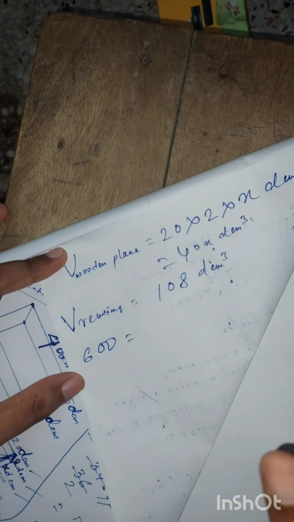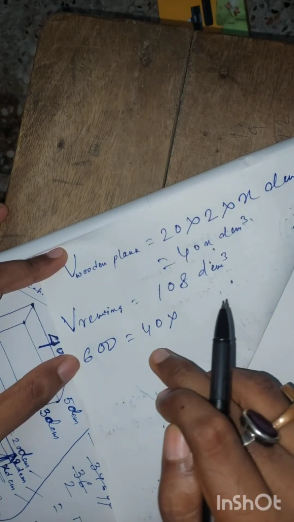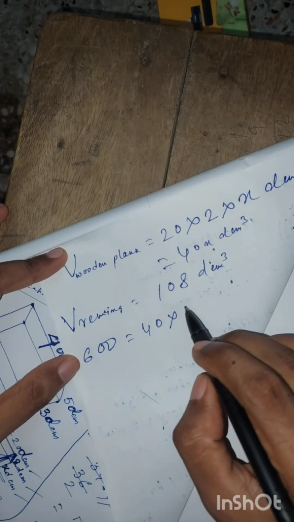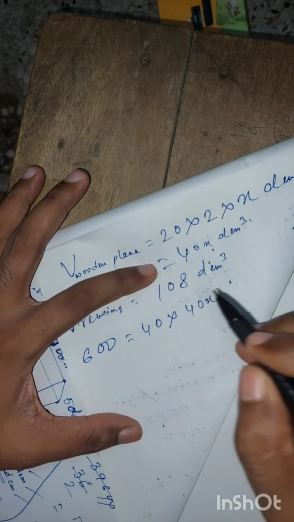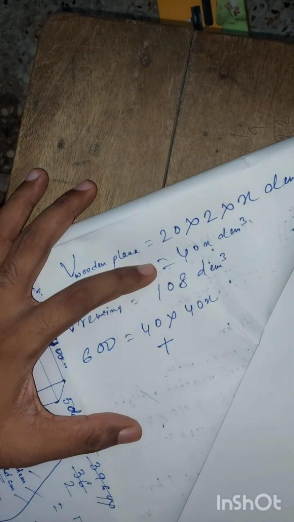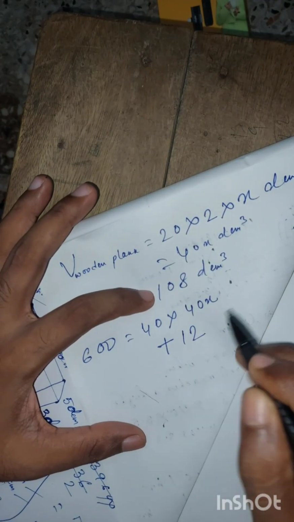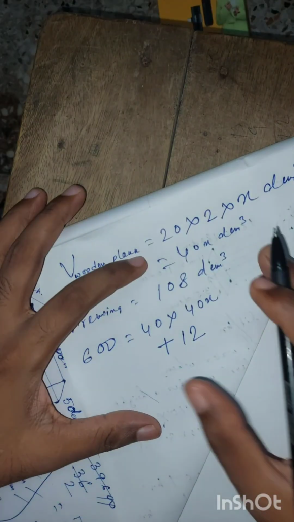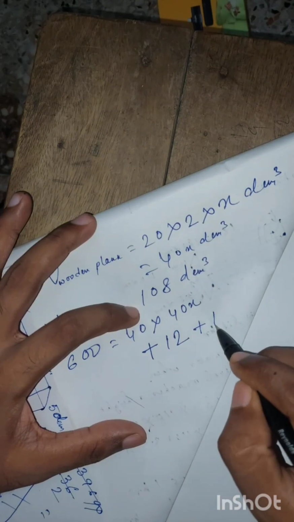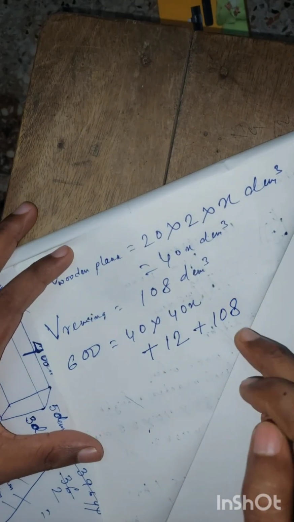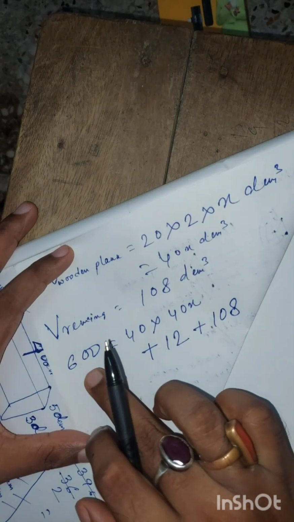First part is 40 wooden planks, that means 40 into 40x, plus volume of wasted wood, that means 12 dcm cube, plus volume of remaining wood, that means 108. So if we add these three terms, we are getting 600.